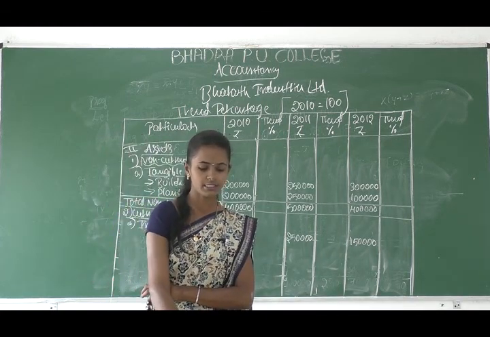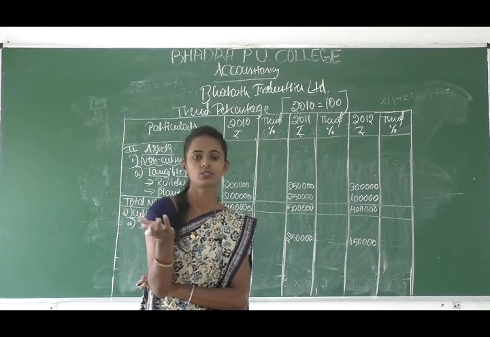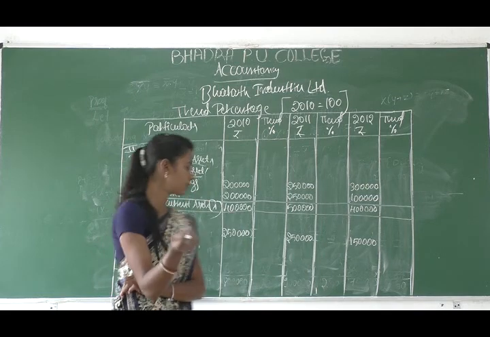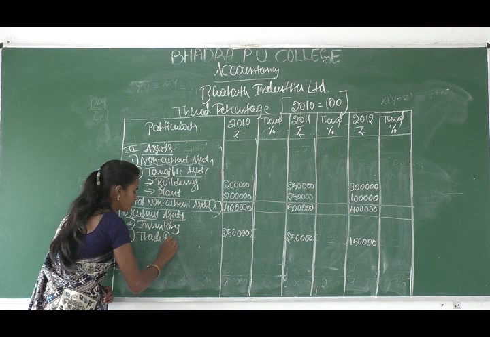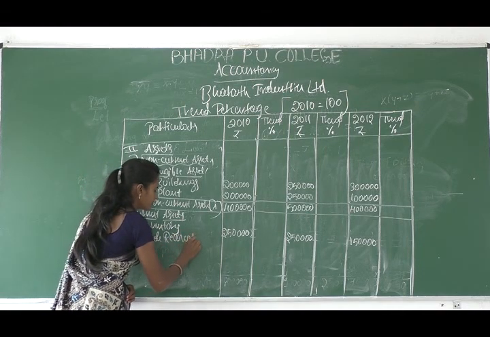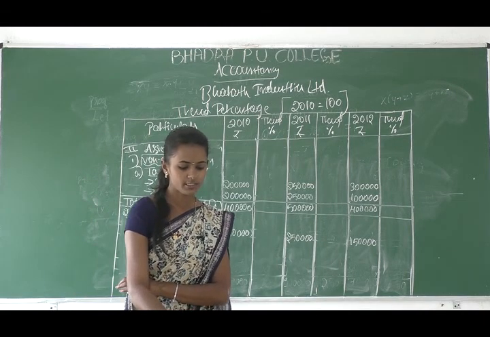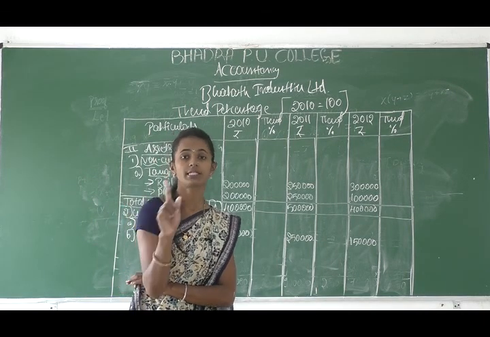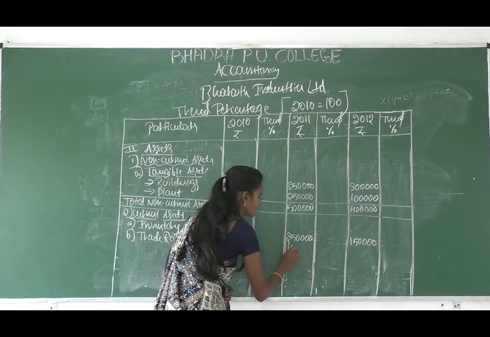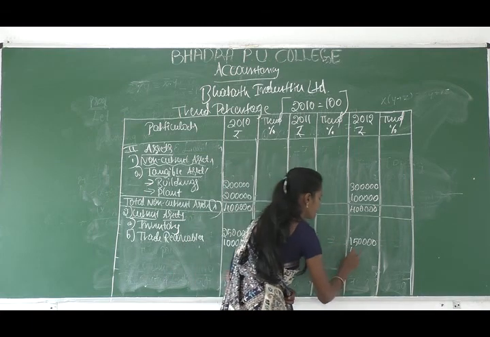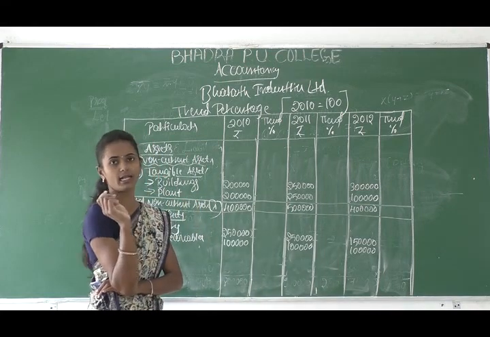And again go back to your format. So the next item is trade receivables, okay. So again come to your question, they have given trade receivables, yes we have trade receivables, so I am taking here B, trade receivables, okay. And for trade receivables, for all 3 years it's 1 lakh, okay.